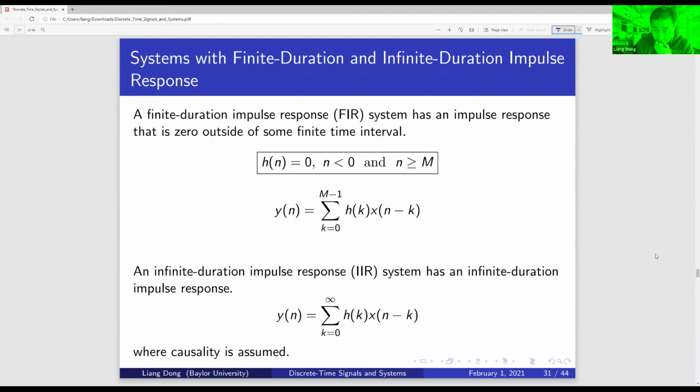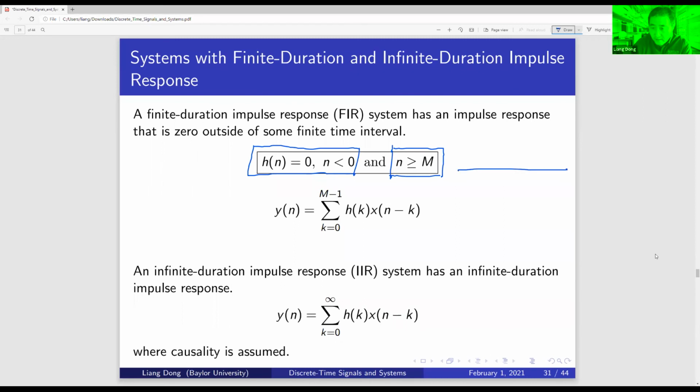An FIR system has an impulse response that is 0 outside some finite time interval. Remember the first term is the causal system part, and also, if n is greater than an integer time, capital M, we have h[n] equal to 0.